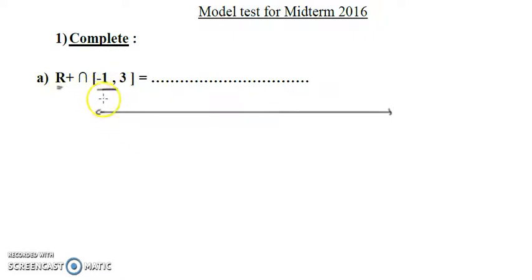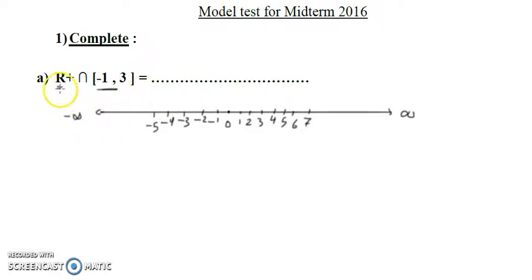In order to find the exact interval for this, we should draw the number line and complete it: 0, 1, 2, 3, 4, 5, 6, 7 to positive infinity, and -1, -2, -3, -4, -5 to negative infinity.